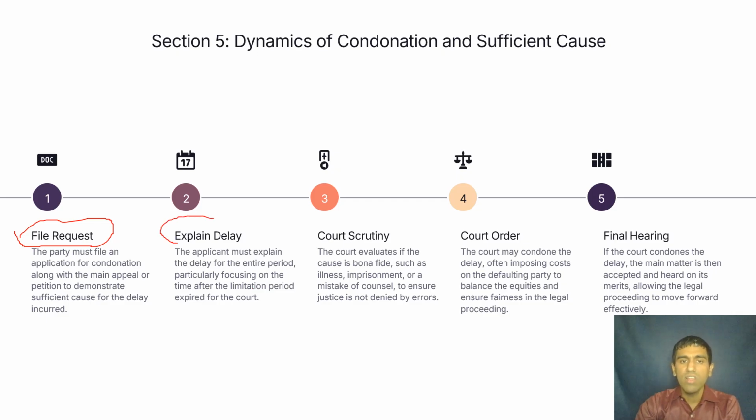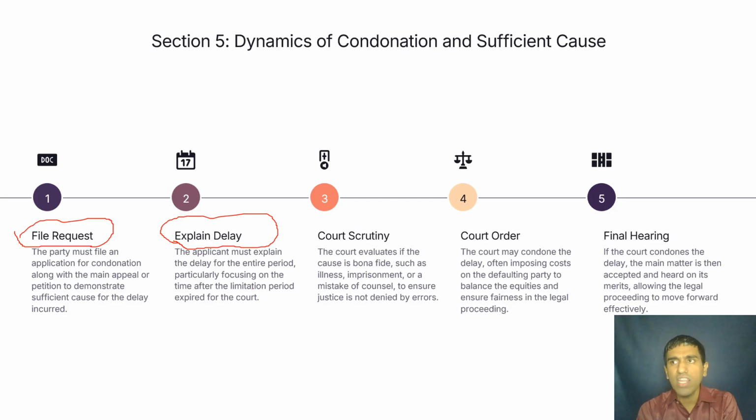In that case, the reasons for the delay must be explained, and the focus must be on the delay beyond the time. Let's say the limitation period was 3 years, which in most cases it usually is, from the time the event relating to the case occurred.